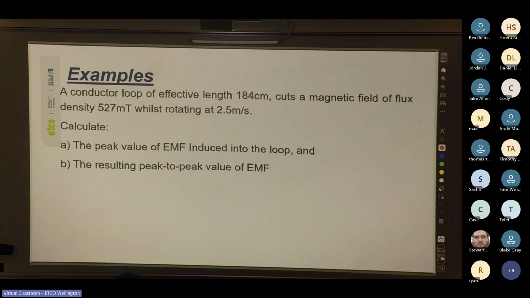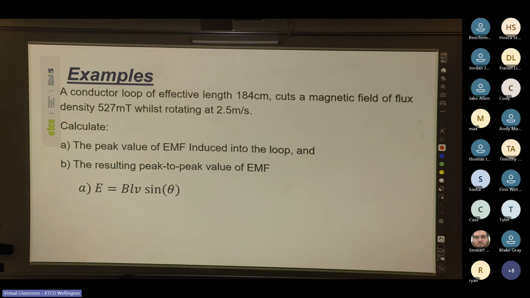A conductor loop of effective length 184 centimeters cuts a magnetic field of flux density 527 milliteslas while rotating at 2.5 meters per second. We'll calculate the peak value of EMF induced into the loop and the resulting peak-to-peak value of the EMF.